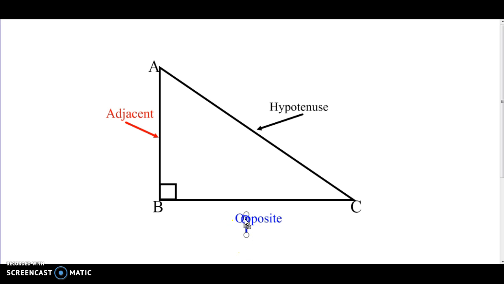And again, it's because angle A is the focus, right? So which leg has angle A as part of it? AB. Which leg does not have A a part of it because it's across from it? BC. So that's just focusing on adjacent versus opposite.